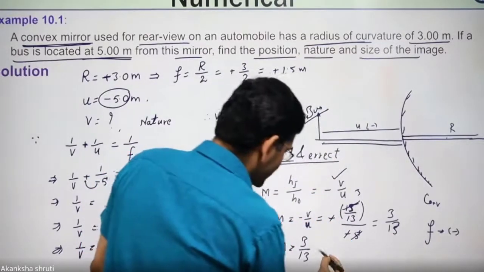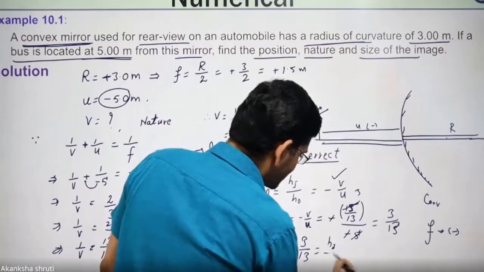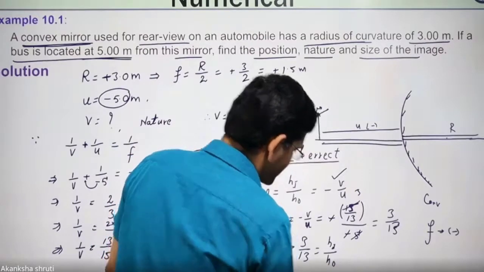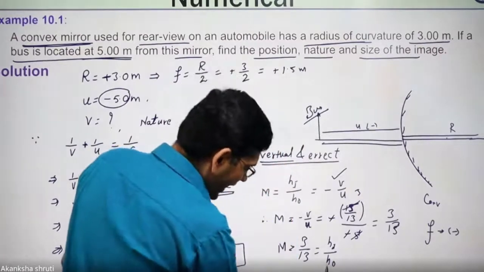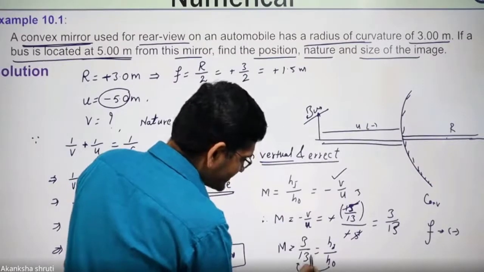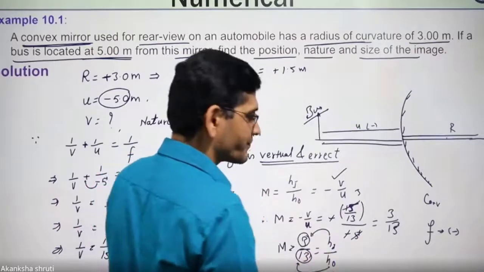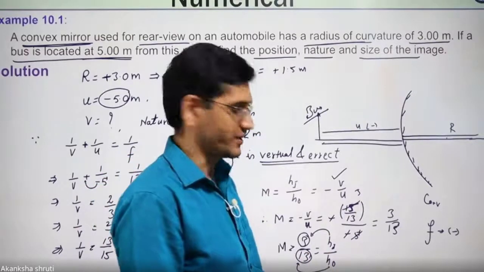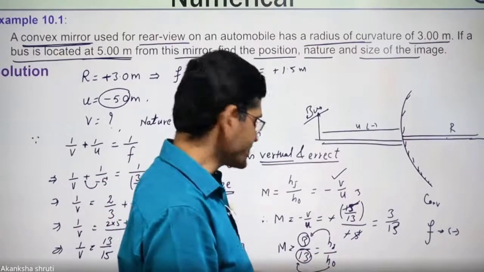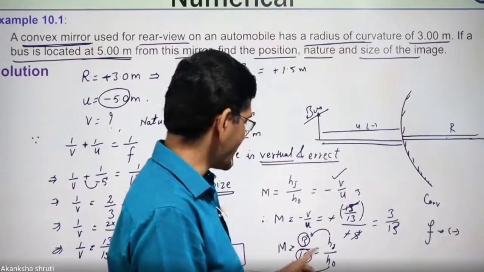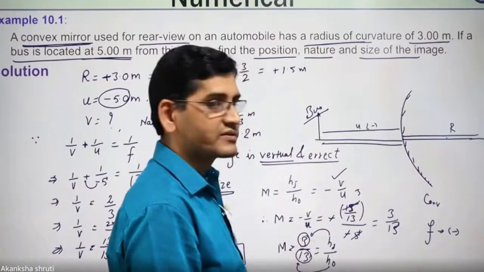It is height of the image by height of the object. Means if the height of object is 13 centimeter, then height of image is 3 centimeter, though it is in terms of ratio only. If the height of object is 26 centimeter, then height of the image will be 6 centimeter.